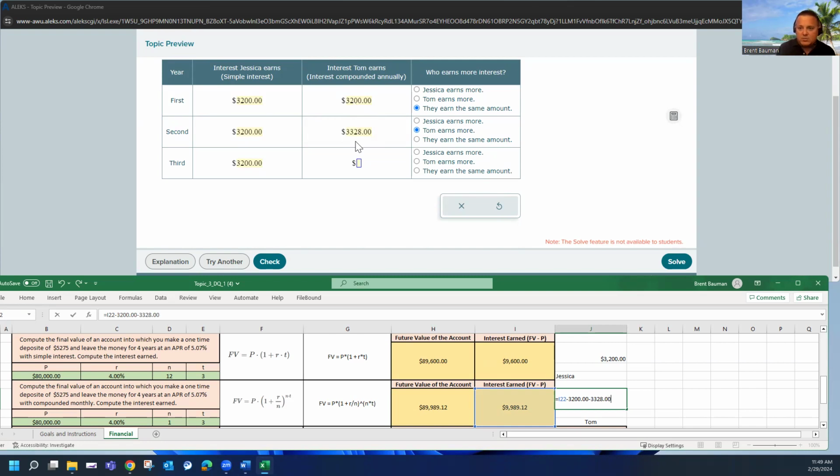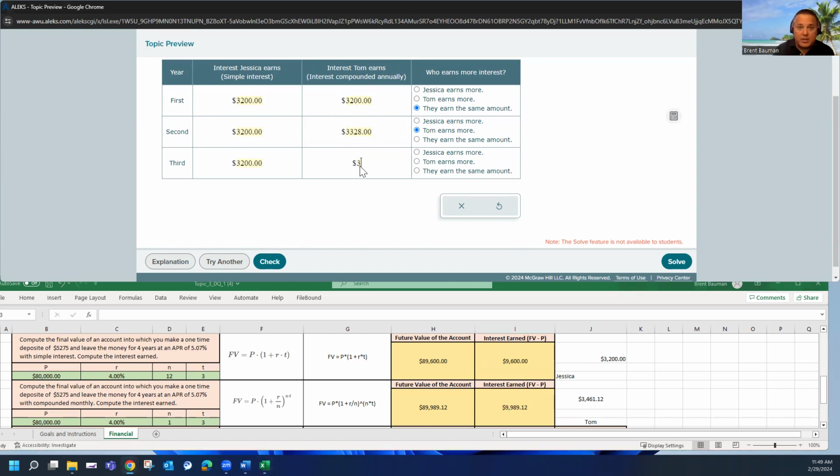That should leave us with just what was earned in the third year, which is 3,461.12. Again, Tom earned more. As compound interest is earning interest off the previous interest, your interest for the year is growing, and with simple interest, it's staying the same.